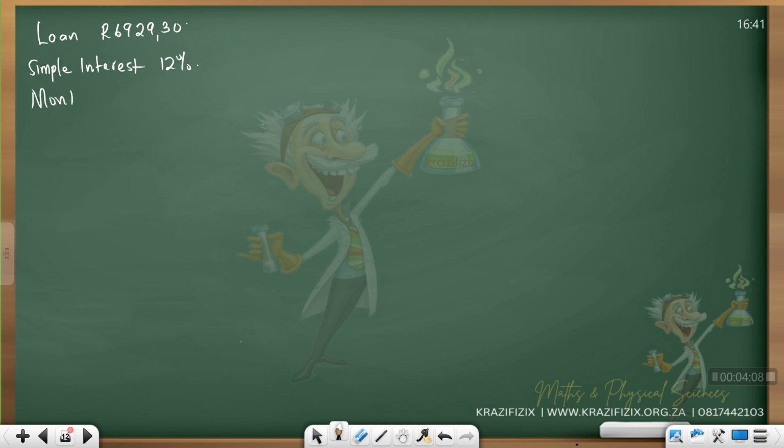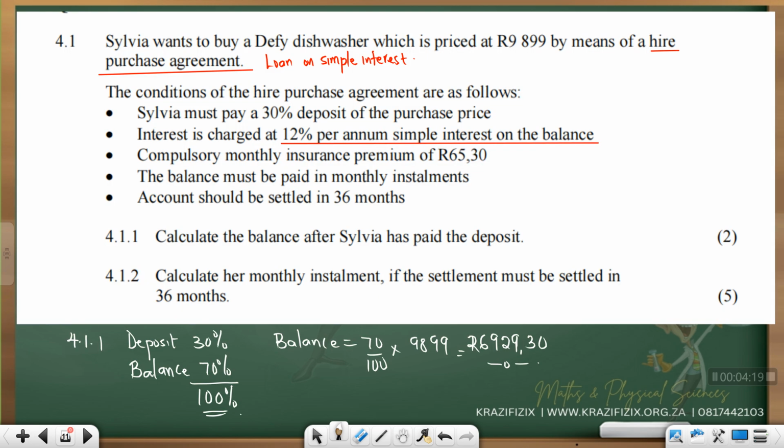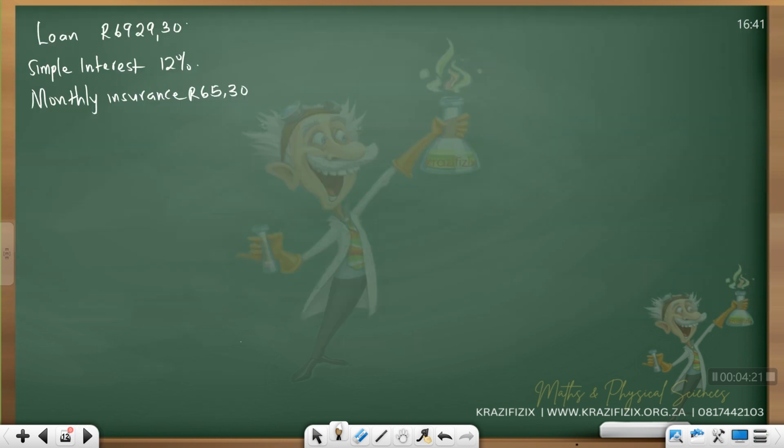Monthly insurance. And she has to pay over what? 36 months. Period. And 36 months is the same as what? 3 years.